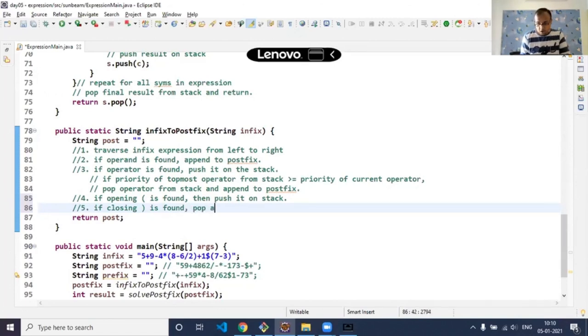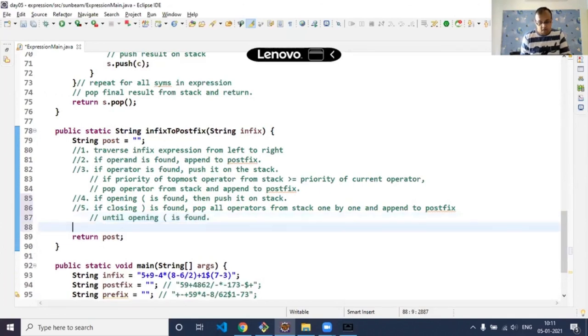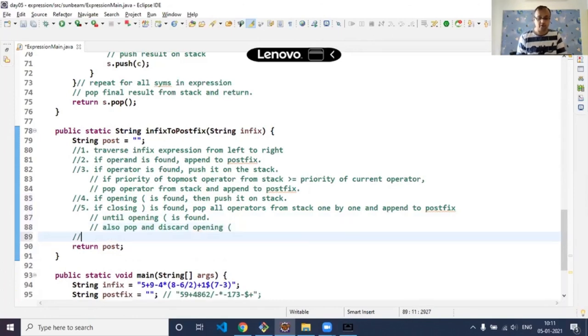Pop all operators from stack one by one and append to postfix until opening is found. Also pop and discard opening. All right, you continue further.